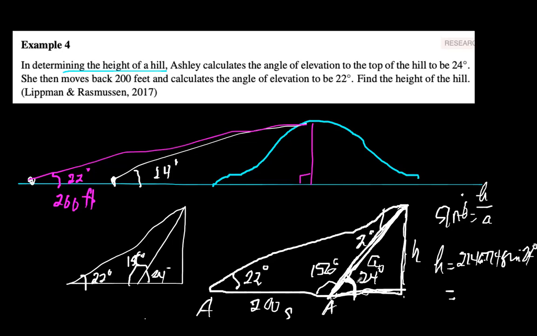Dapat mas mababa siya kasi mas maliit yung angle niya, di ba? Loading ba guys yung calculator nyo? 873. Yeah, sabi ko sa inyo, mas mababa siya, di ba? 171. Okay, so the height is just 873.17 approximately.